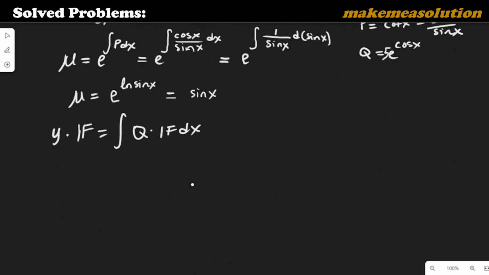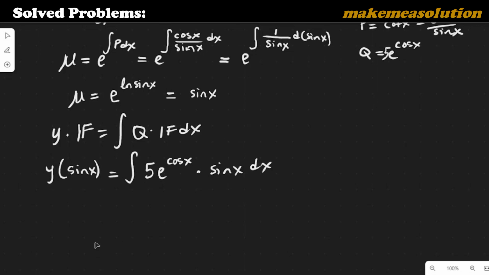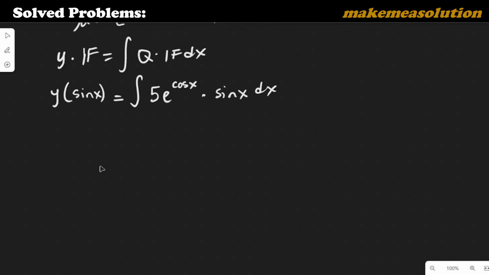So y times integration factor is now going to be the integral of q, which is 5 e to the what? Cos x, then the integration factor is sin x dx. So let's figure out how to integrate this one together.